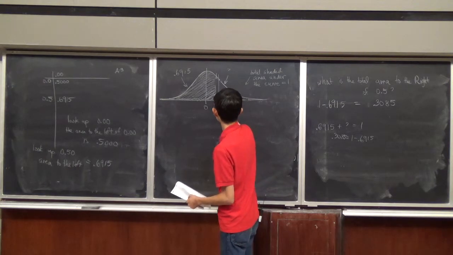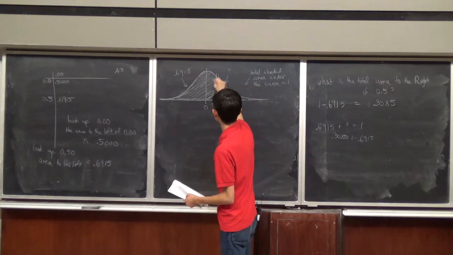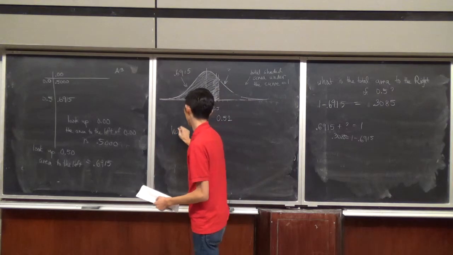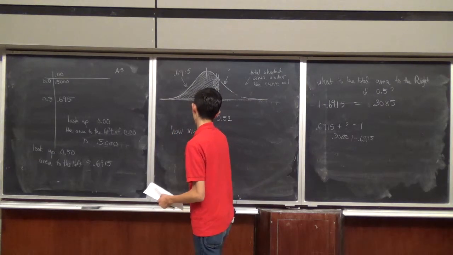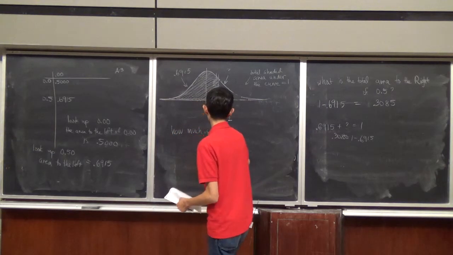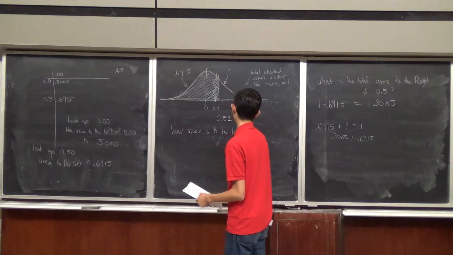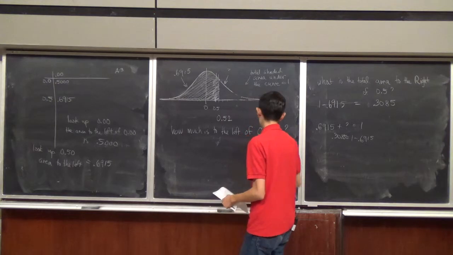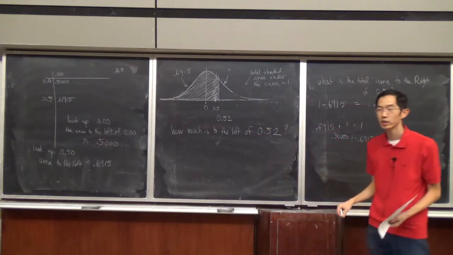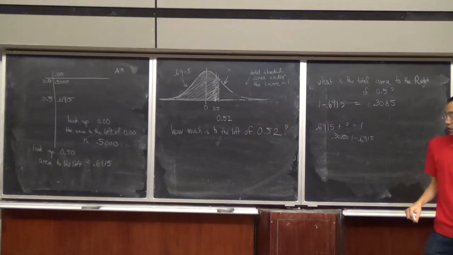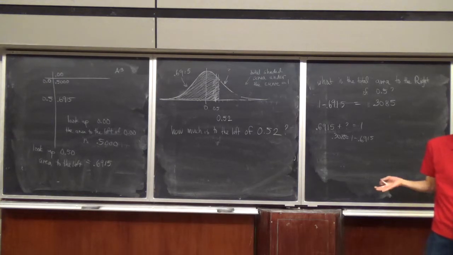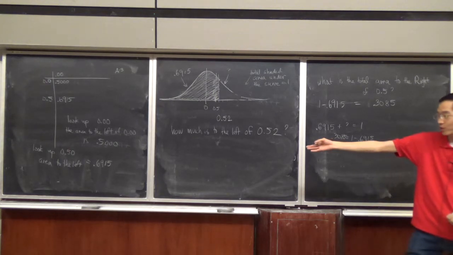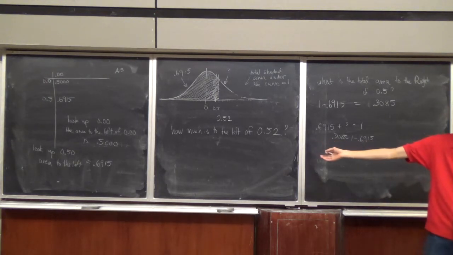And I ask, how much is to the left of 0.52? Well, we would expect our answer to be a little bit larger than the area to the left of 0.5.